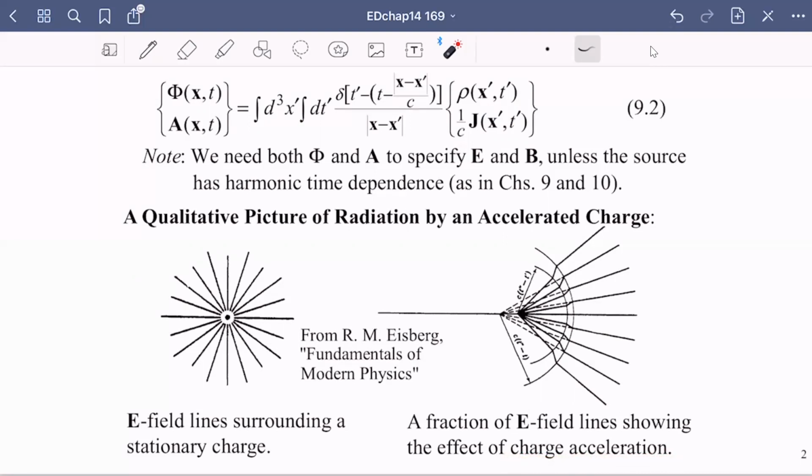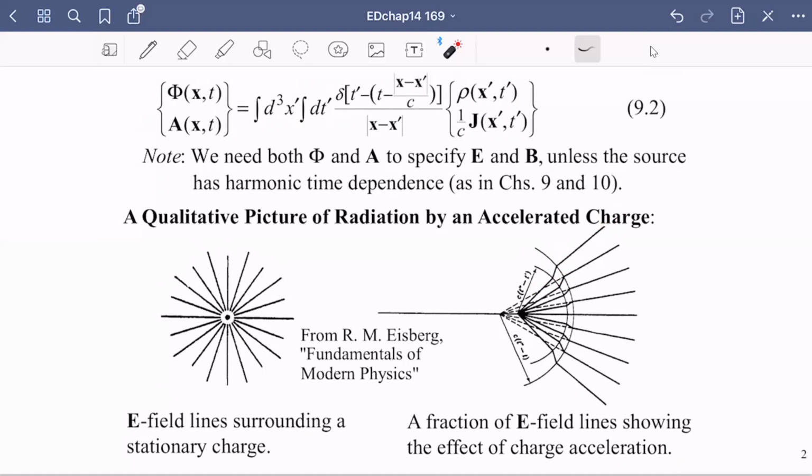So what happened here? So the field line here and field line here, there will be a discontinuity. It's still continuous, but due to the acceleration of the charge particle, the field line will distort. Just like when accelerate, and the field line will propagate at the speed of light c.